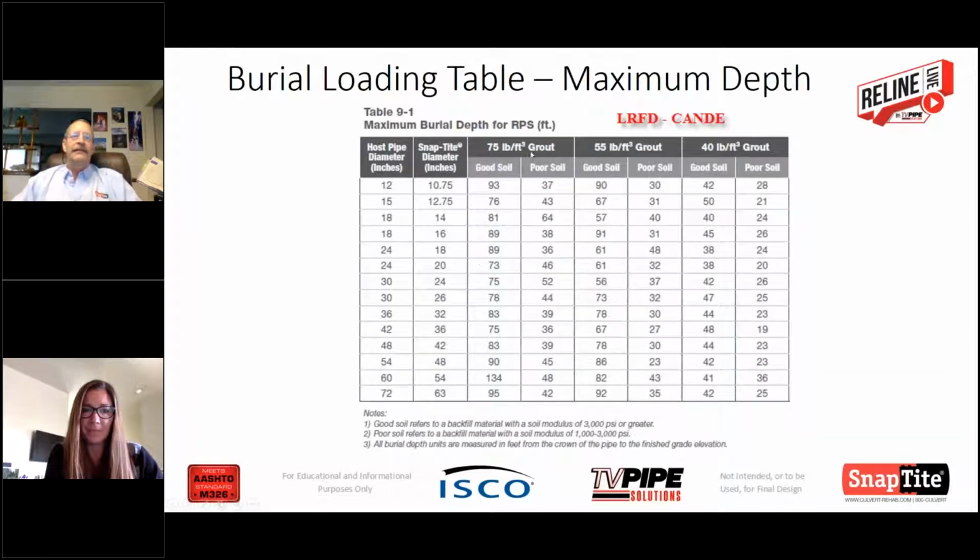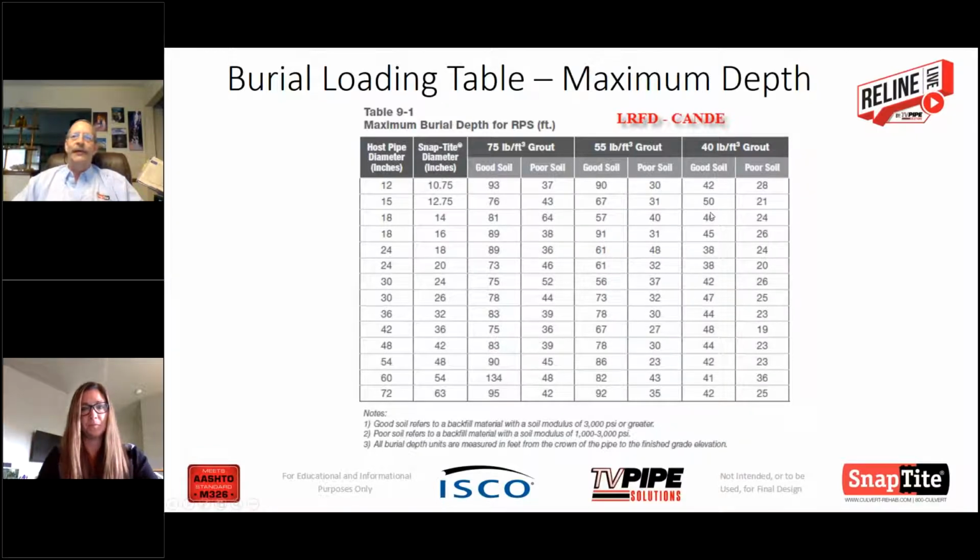And when we use these LRFD analyses and these compressive load ratings, we come up with allowable burial depths in the RPS system that go to over 100 feet sometimes when we're using good soils, being 3,000 psi modulus or higher, and using a high strength grout. Even in a poor soil with a medium strength 55-pound grout, we can get 50 feet or even close to 100 feet burial depth with good soils.